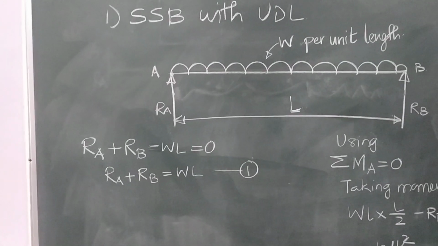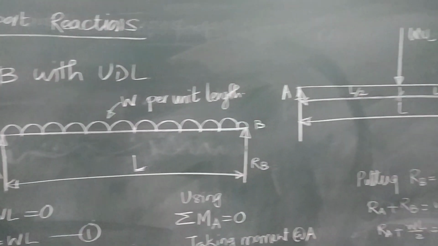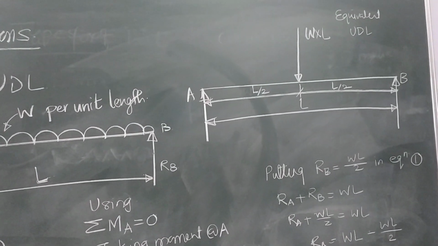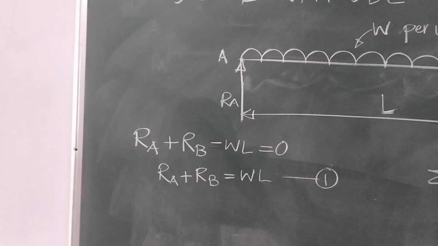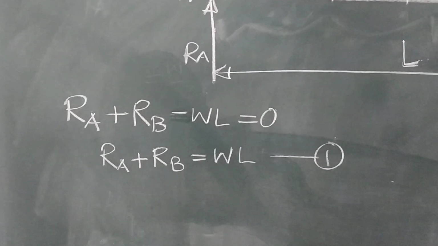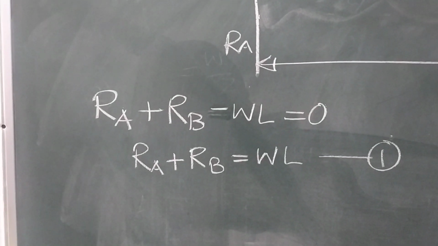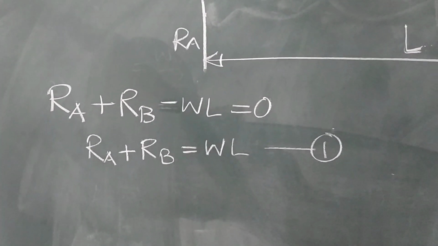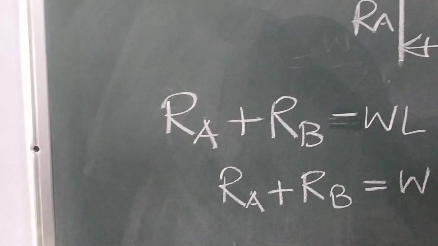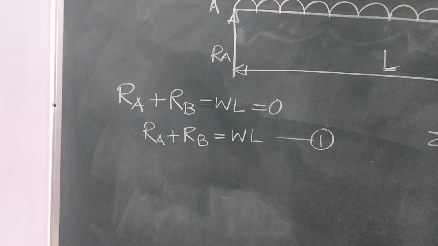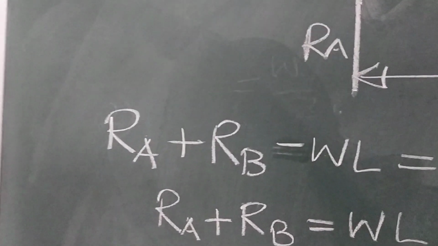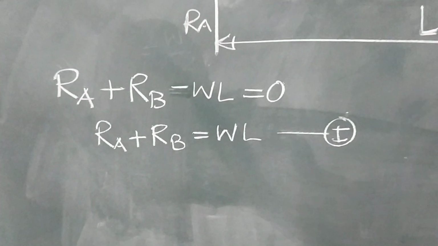So, for equation 1: RA plus RB minus WL, because WL is downward, equal to 0, or RA plus RB equal to WL. Let us write this as equation 1.